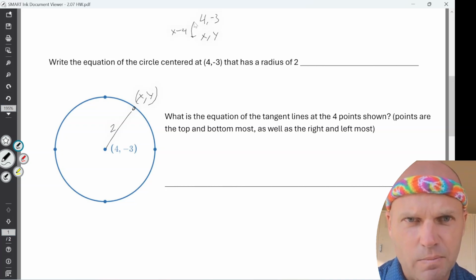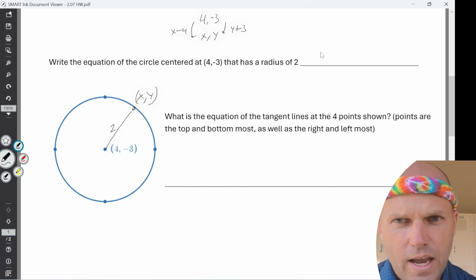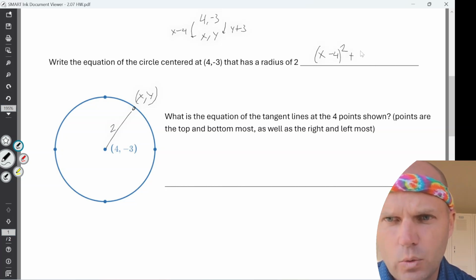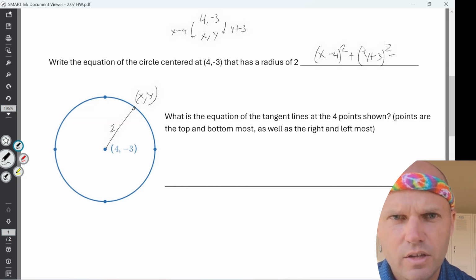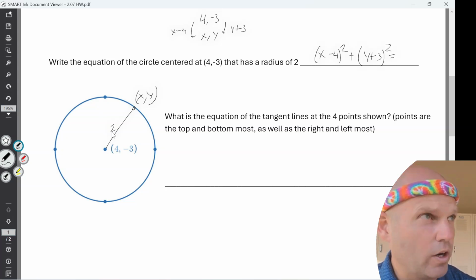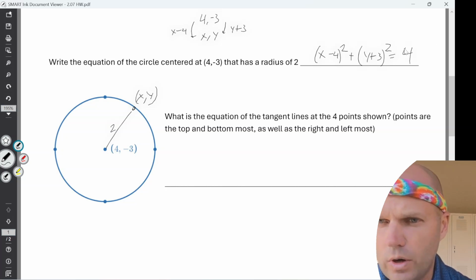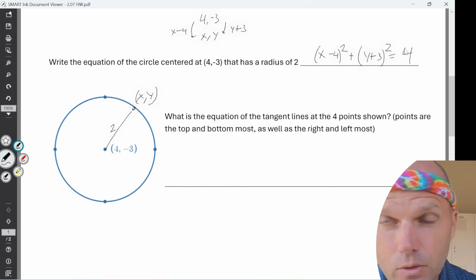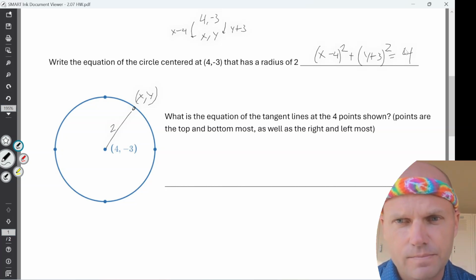The x change will be x minus 4. The y change will be y plus 3. Cool. A squared, (x minus 4) squared, b squared, (y plus 3) squared, equals c squared. C squared I already know is 2 squared, so c squared is 4. And you can always use Desmos to check your answers, guys.